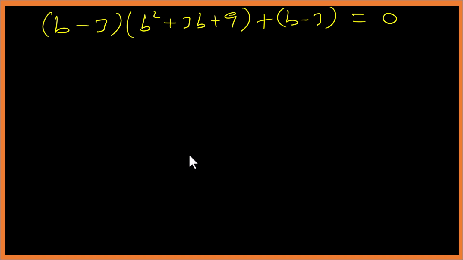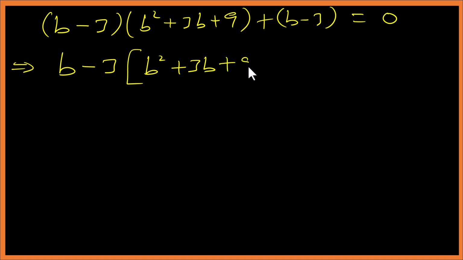Okay, now remember we have something in common here. b minus 3, b minus 3, so I can factor out b minus 3, and I will have b squared plus 3b plus 9 plus, so this side will be 1.